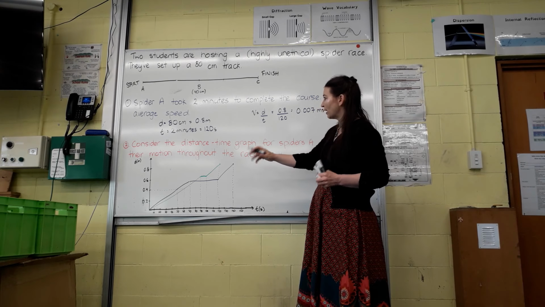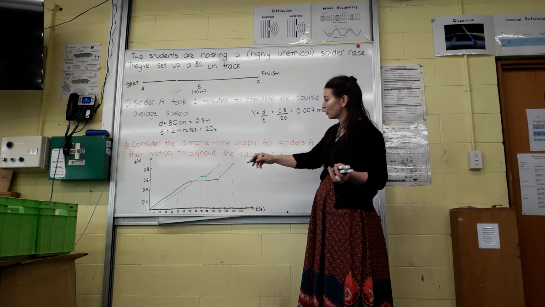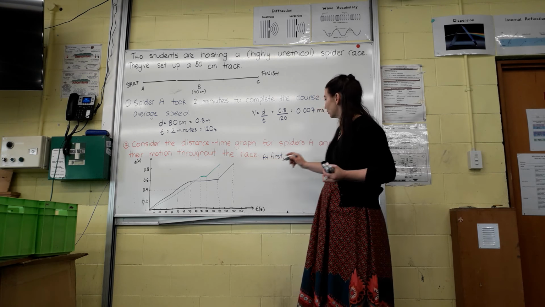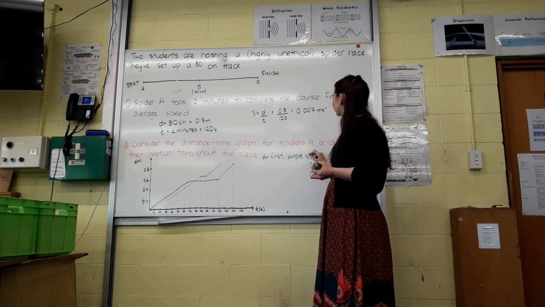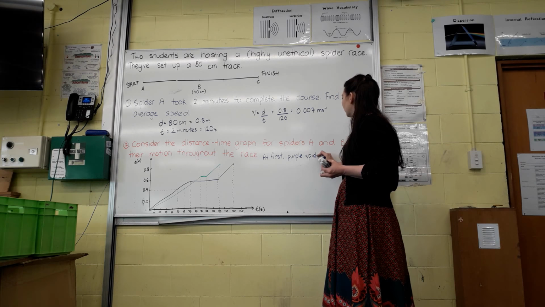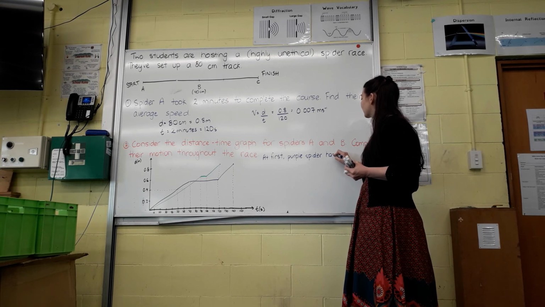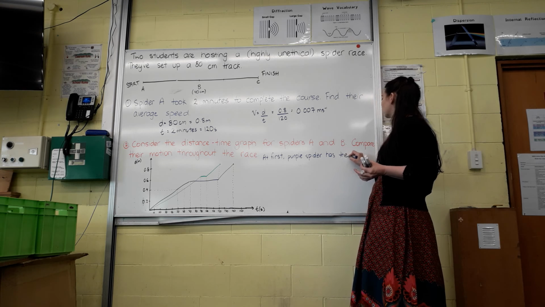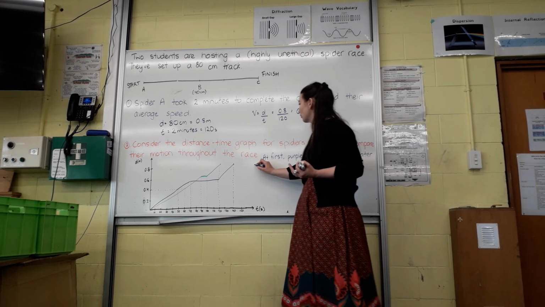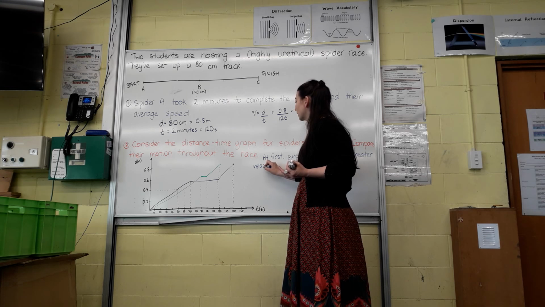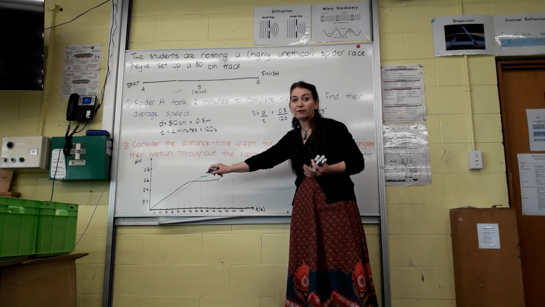I haven't called them A and B, but I'm going to call them green and purple. So at first, purple spider has the greater speed or velocity. And we know that because the slope on the distance time graph is steeper.